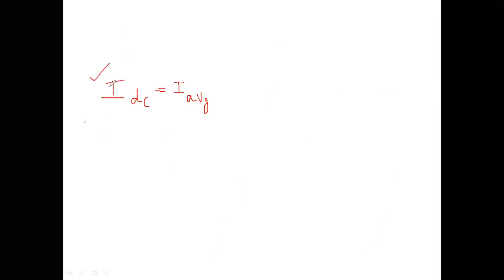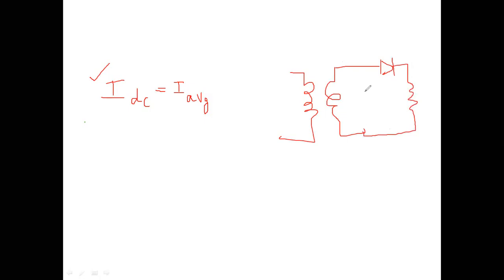Because at the input of the rectifier, this is the transformer primary, this is the transformer secondary, this is a diode of the rectifier circuit, and this is the load here.